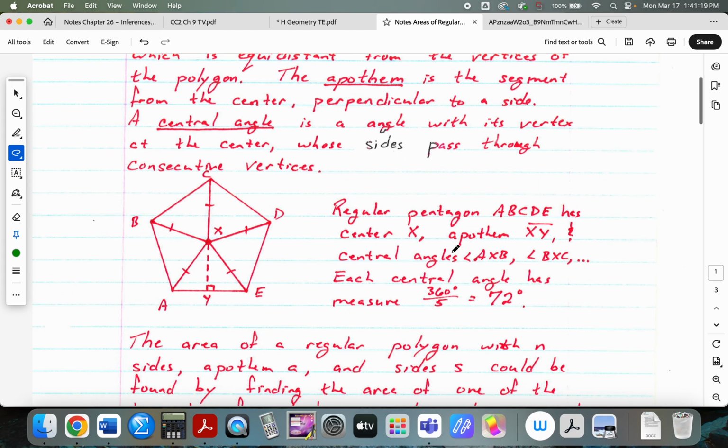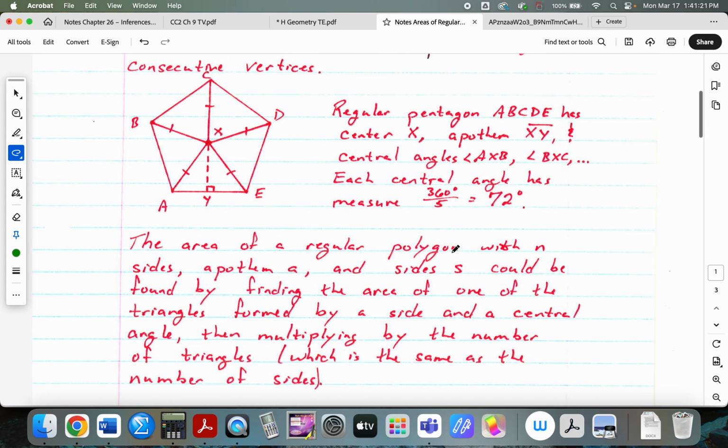So in this particular pentagon, this is a regular pentagon, A, B, C, D, E. The center is X. That's pretty obvious, I think. The apothem, we're just drawing in a height here, just like we've done a couple of times now in problems where we draw in the altitude or the height. And then the central angles would be, for example, like angle AXB.